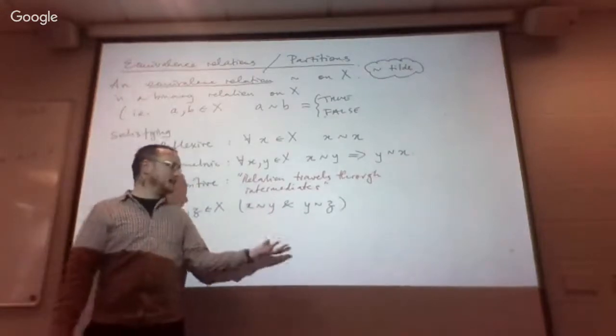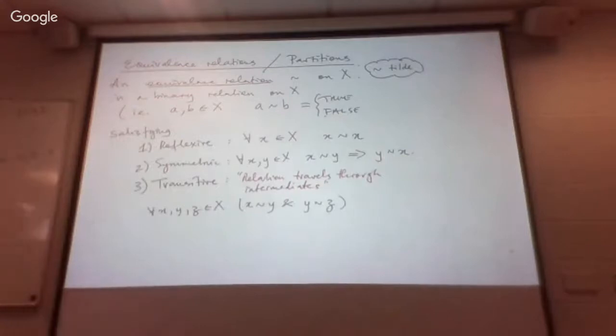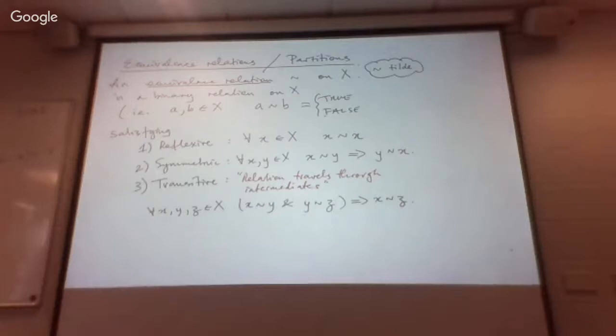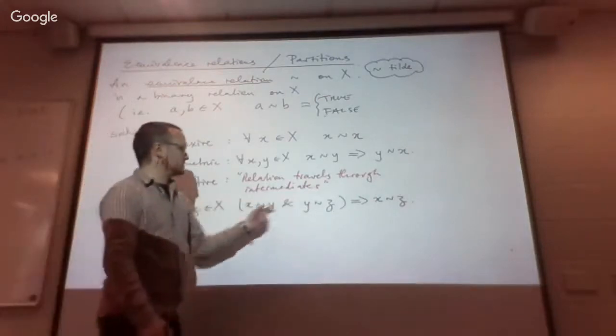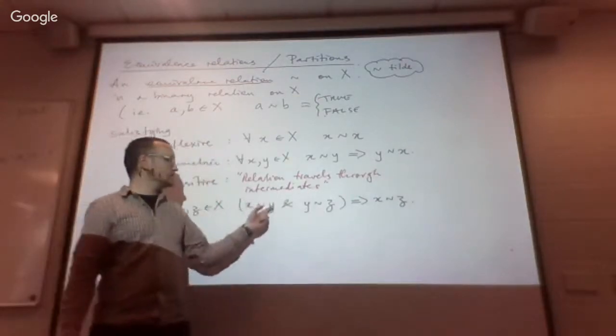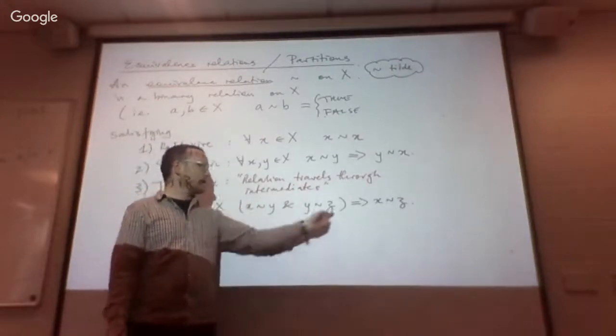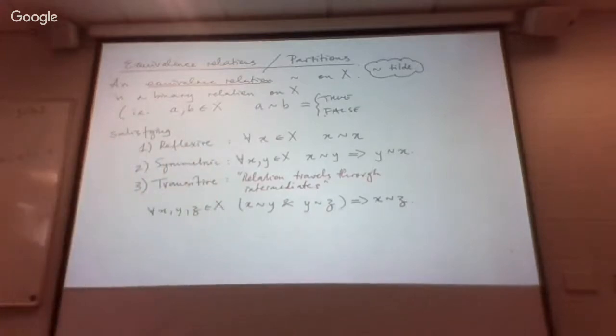If X is equivalent to Y, and in addition Y is equivalent to Z, then the relation somehow travels through Y from X to Z. So whenever you see a pair of equivalences featuring the same Y at the end of one and the beginning of the other, we know we can travel all the way from X through to Z, so X is related to Z under this relation.